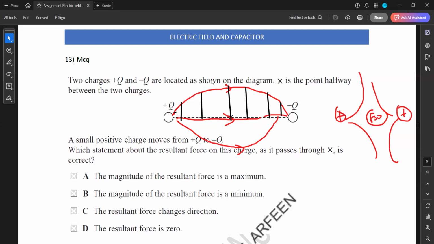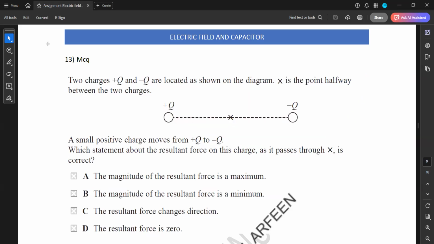Is it clear? So the spacing between the electric field lines shows the strength.